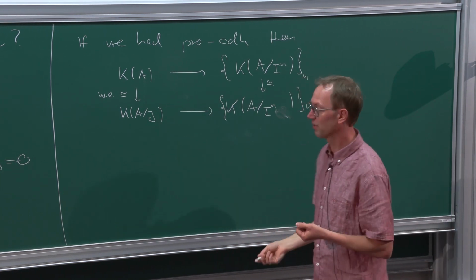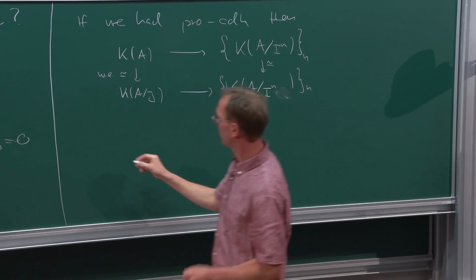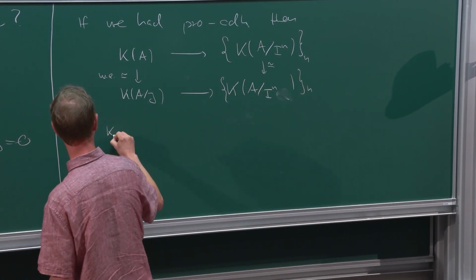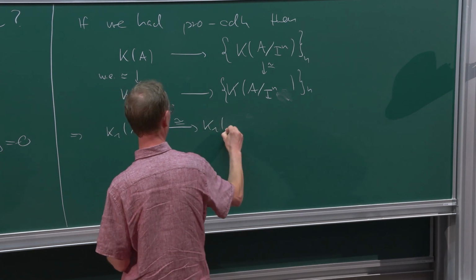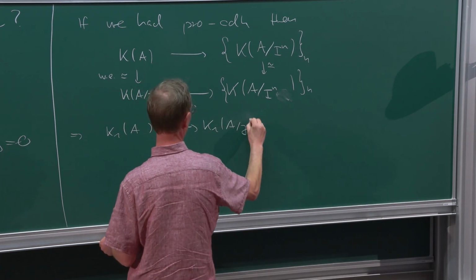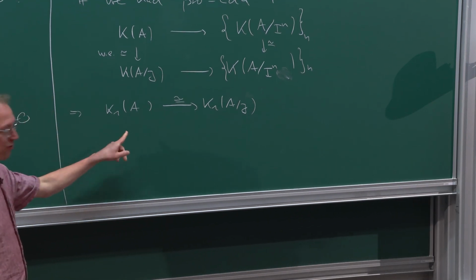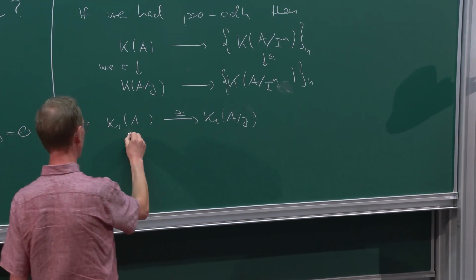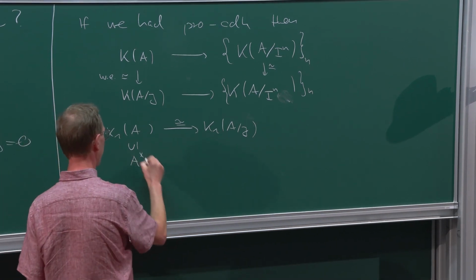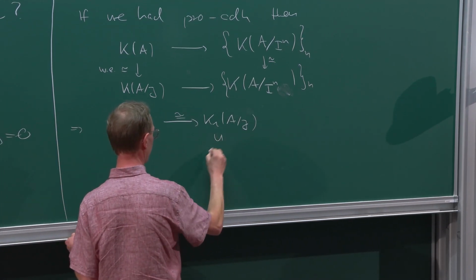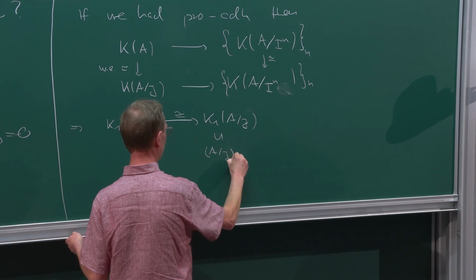So it's an isomorphism, for example, on K1. So you deduce that K1 of A maps isomorphically to K1 of A mod J. But now, this is commutative, so the units are a direct summand here. So here we have A star, and here we have A mod J star.